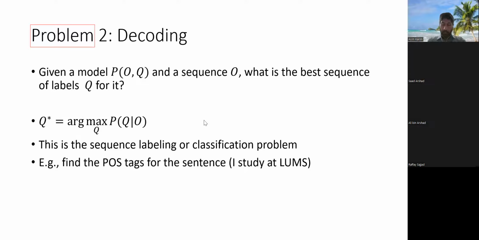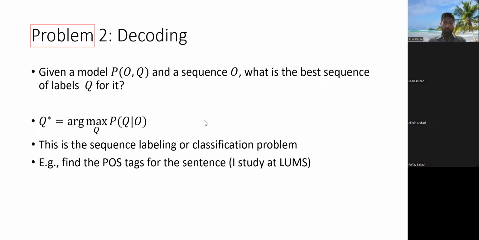The second problem, which is called problem 2 and which is also the decoding problem, is actually the sequence labeling or sequence classification problem. In this case, given the model, which is of course the distribution over O and Q, and also given a sentence, capital O, we would like to find the best Q for it.